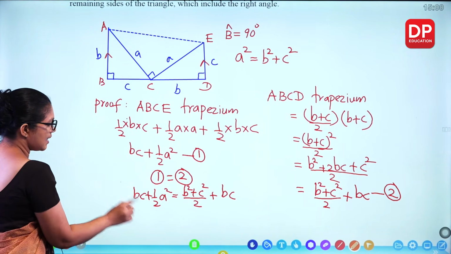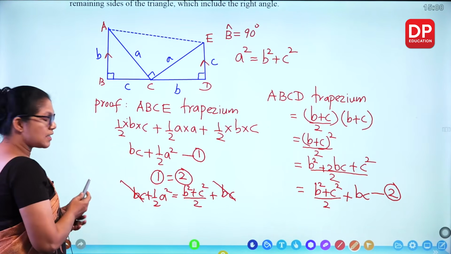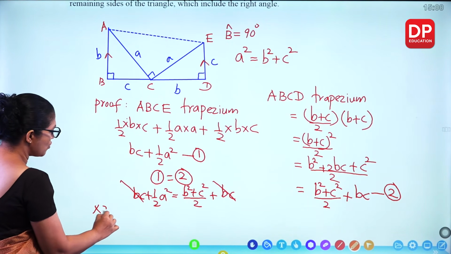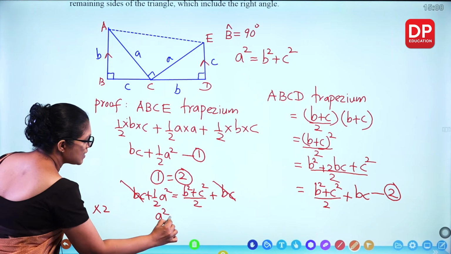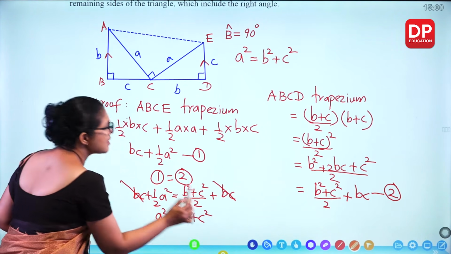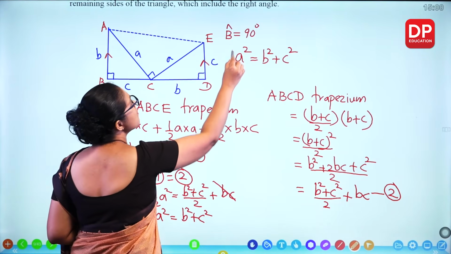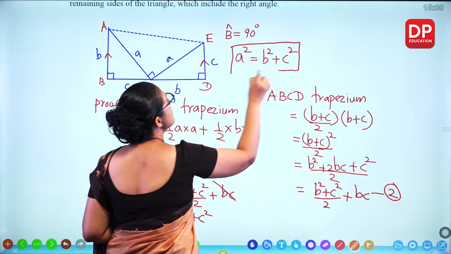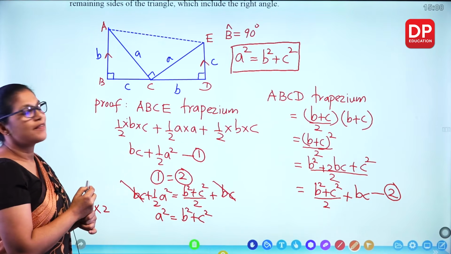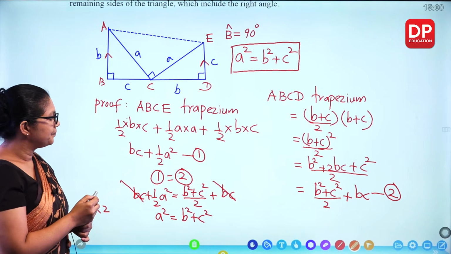BC gets cancelled out. Multiply the whole equation by 2, you get A squared is equal to B squared plus C squared. So that's the Pythagoras theorem.